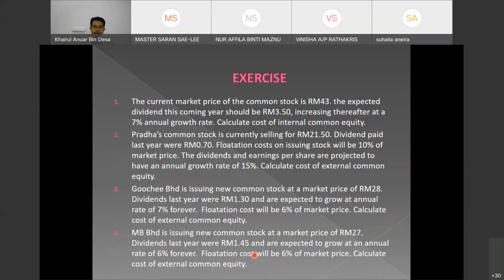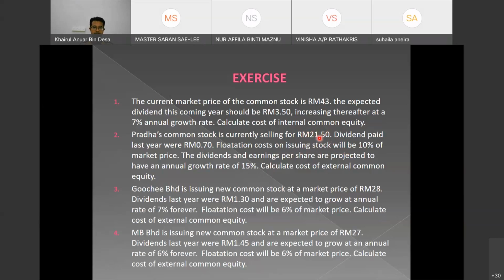Raudah yang mana? Soalan nombor 2, dia kata 10% of market price. Ini 21 ni. Nampak 21 ringgit, this is the market price, and flotation cost is 10% of the market price here.